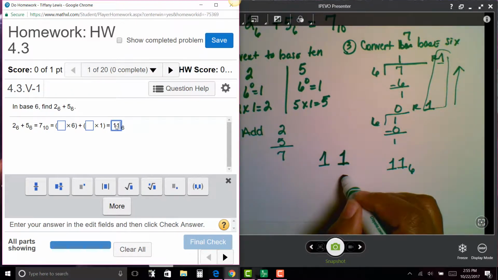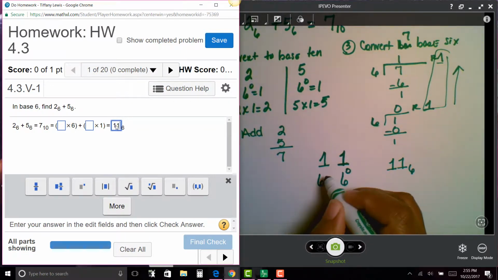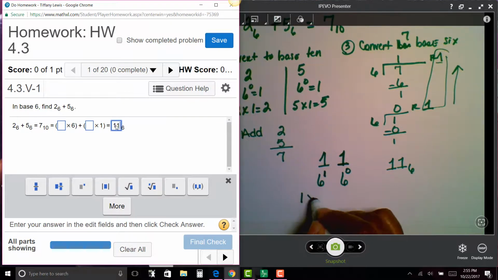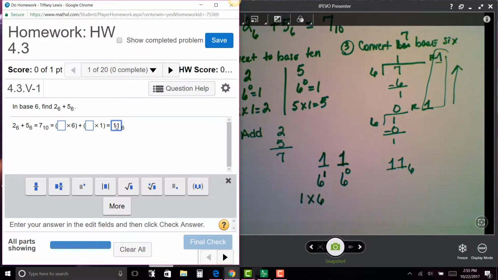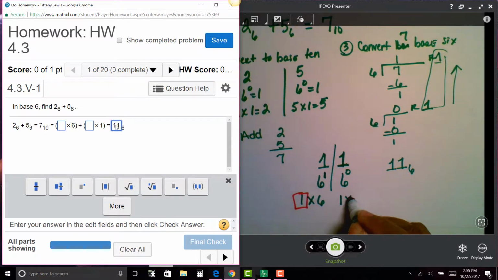What we're doing is showing what took place so that we can get to this answer. So here you're saying 1 times 6, and then this would be that missing part. And then the next part we have here 1 times 1, because we know 6 to the 0 power is 1. So we have 1 and 1.